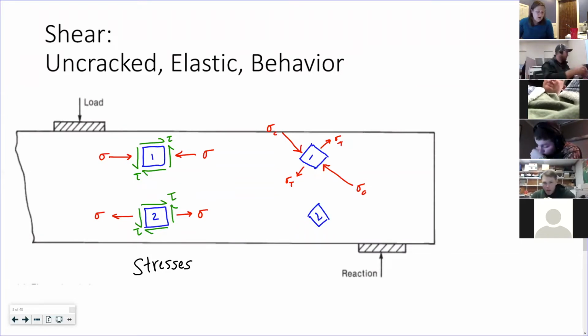And I have the opposite situation on the bottom. I'm going to have large principal tensile stresses and small compressive stresses.